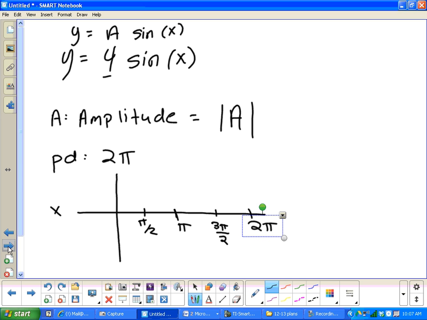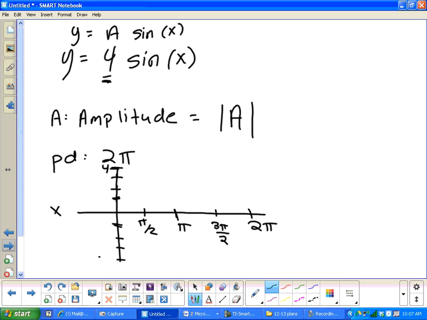Now, on our other graphs, we did 1 and -1, right? But now the amplitude is going to change that. So instead of 1 and -1, it's going to be 4 and -4. So we're going to go up a little bit taller. 1, 2, 3, 4. 1, 2, 3, -4.